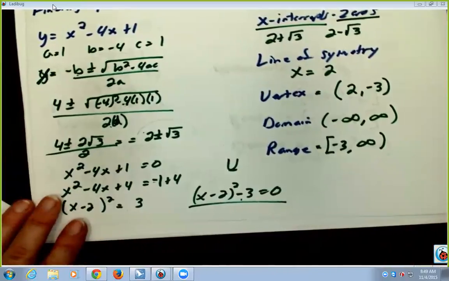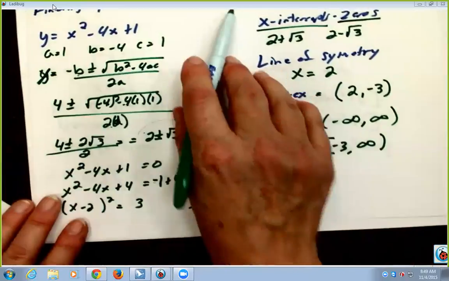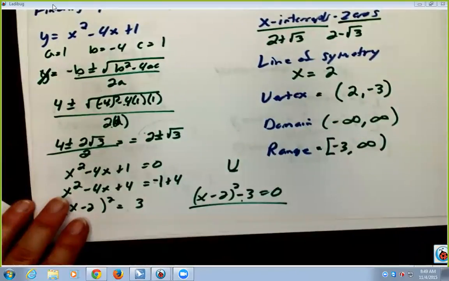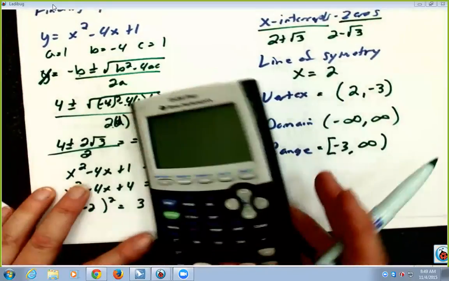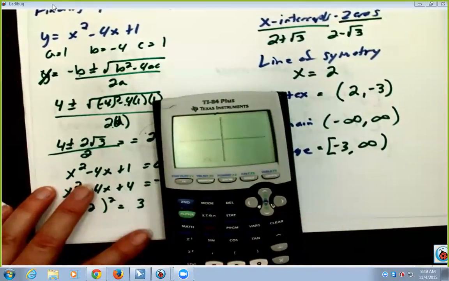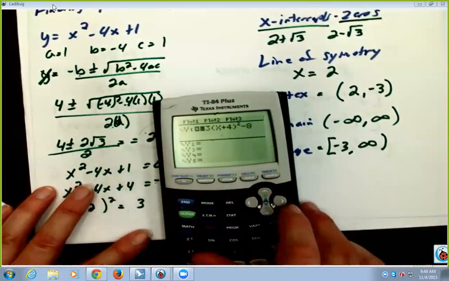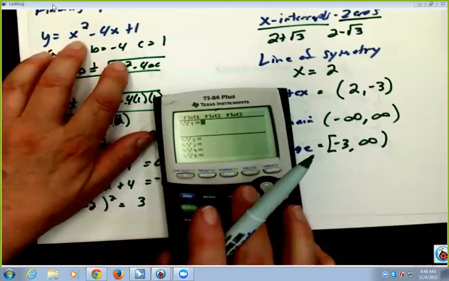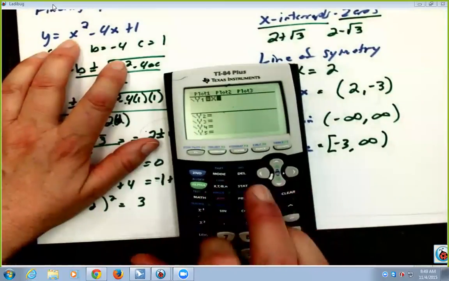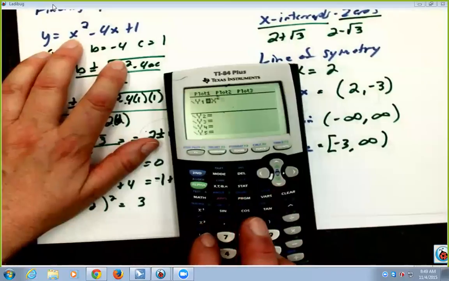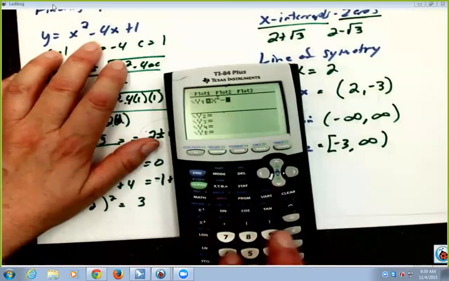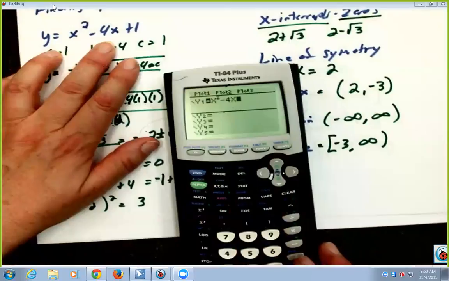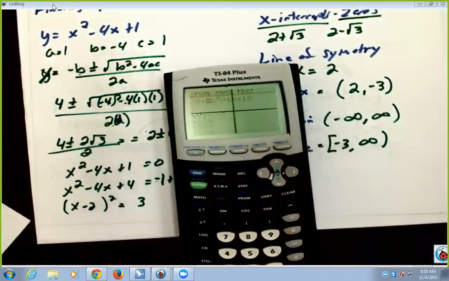Okay. So first we found those intercepts, or the zeros. And again, that was where it crossed. So if I put this thing on my calculator just as it is, go back to my y equals, clear out what I have, put x squared minus 4x plus 1, hit graph, and there it comes through, okay?